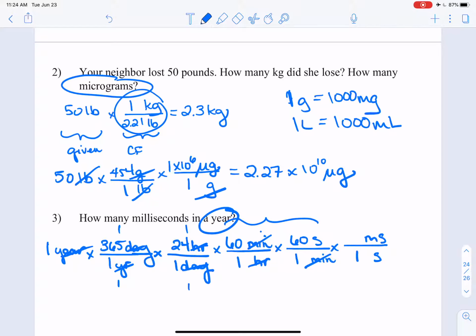So if you have 1 second, how many milliseconds do you have? 1,000. See, the metric system is awesome that way. Okay, so we cancel out seconds, and now we're in milliseconds. And you do all of the multiplication, and you should end up with 3.15 times 10 to the 10 milliseconds.